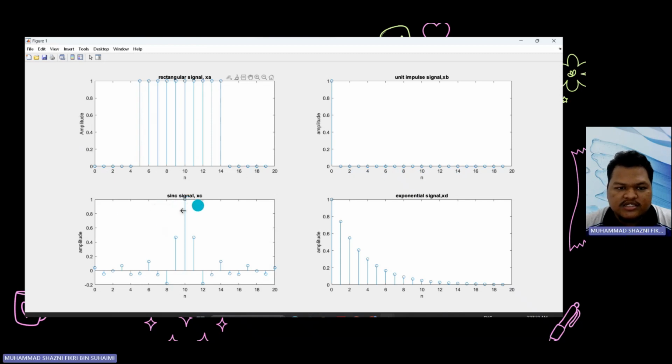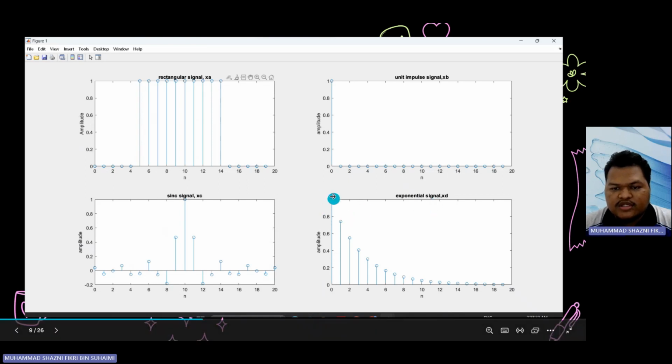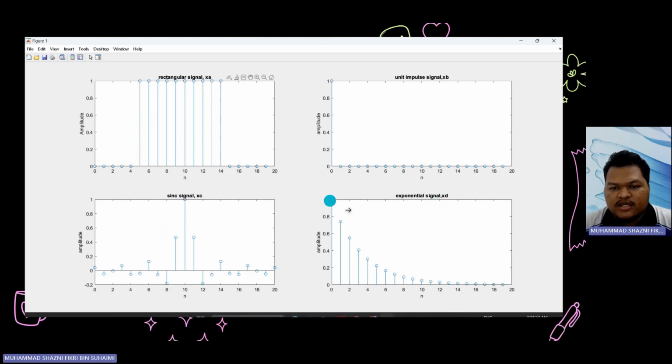The sine signal XC has a phase angle that is symmetric on both sides, and the exponential signal starts at 1 and has a decay that decreases.